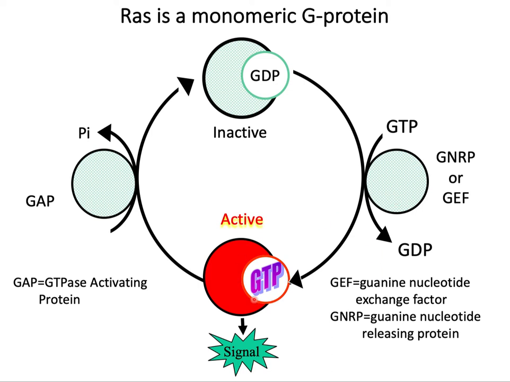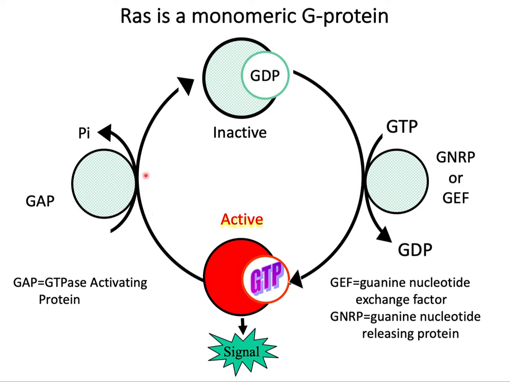Once the RAS propagates its signal, it needs to be turned off. And so the intrinsic GTPase activity of the RAS itself can hydrolyze GTP to GDP and turn itself off. But the intrinsic GTPase activity of the RAS is quite low, and so it needs the help of another protein, which is known as GAP, which stands for GTPase activating protein.